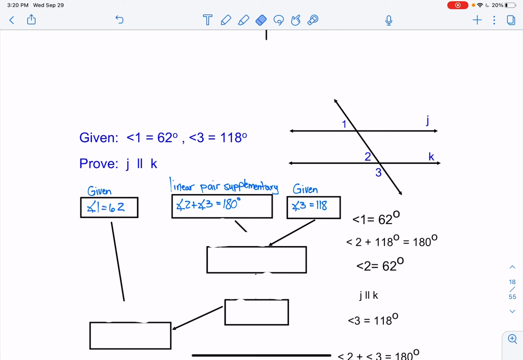Angle 2 plus angle 3 equals 180. And how do I know that? Because linear pairs are supplementary. Now, I'm given something, angle 3 equals 118. Anytime you're given something equals something, probably going to use substitution. So we're going to plug that in right here. And so I rewrite that as angle 2 plus 118 equals 180 by substitution.